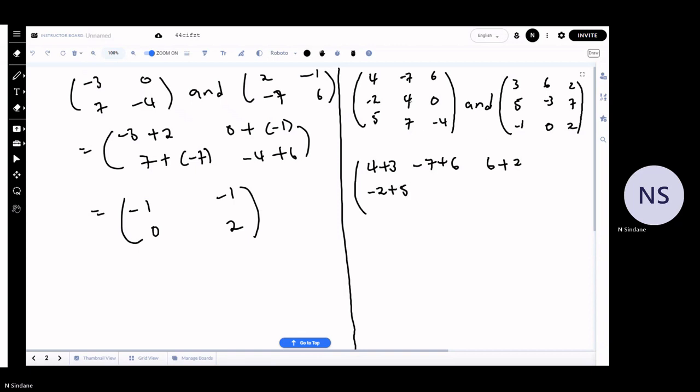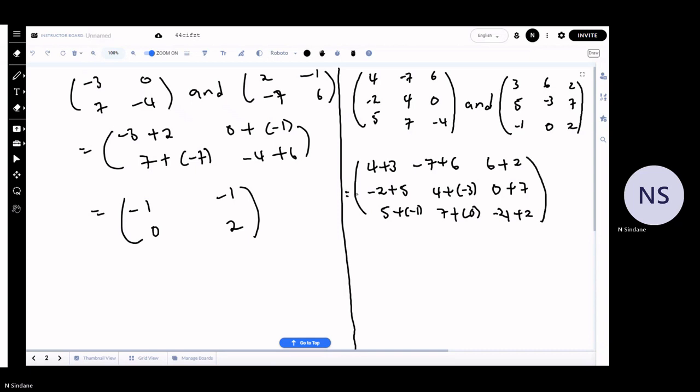Then row 2, column 2, I have 4 plus -3. Then row 2, column 3, it's 0 plus 7. Similarly, I'm going to have 5 plus -1, then 7 plus 0, then -4 plus 2, right?